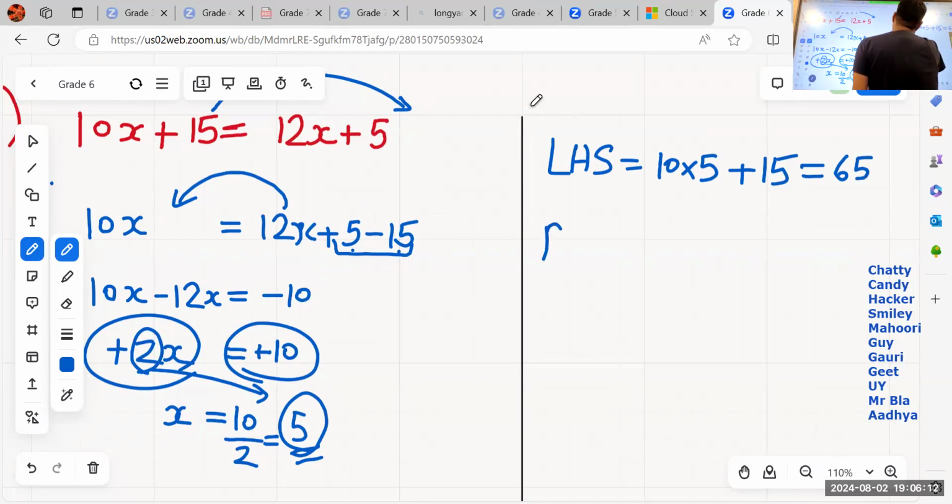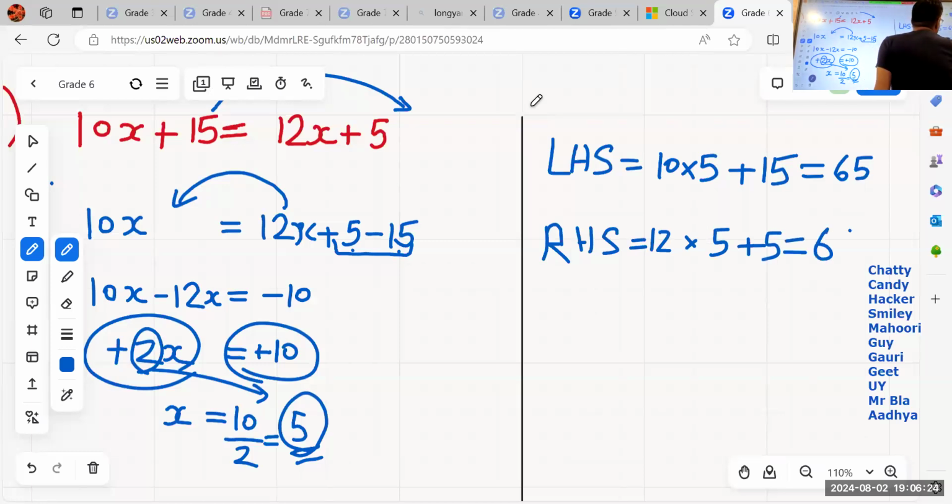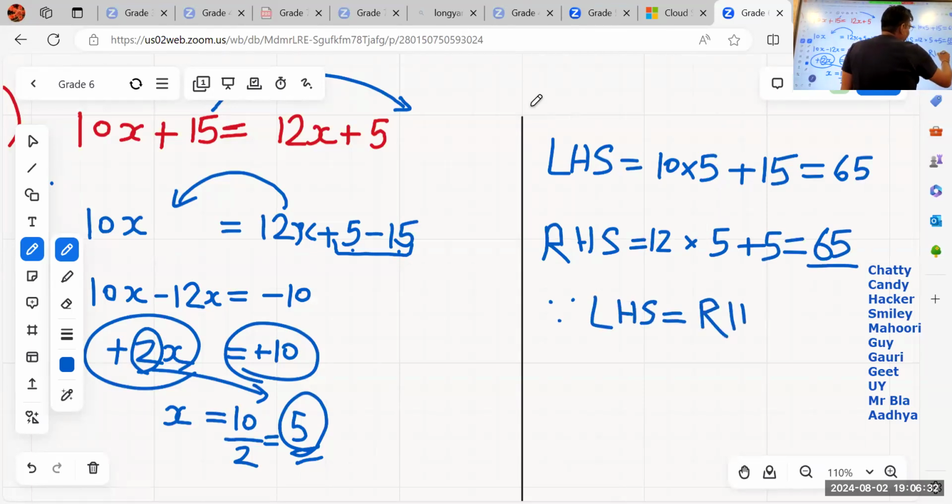And your right hand side, 12 multiplied by 5 plus 5 also gives you 65. So you write it like this: since LHS equal to RHS, hence verified.